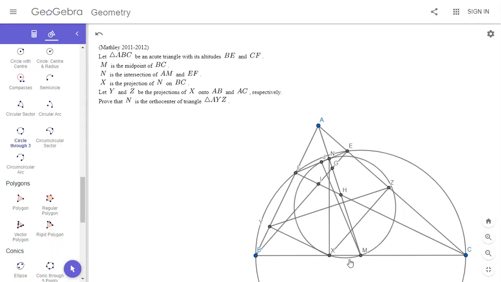So once we know that's cyclic, angle MAC is equal to, yeah, if M corresponds to J, then I think N has to correspond to X. I'm just trying to think why.